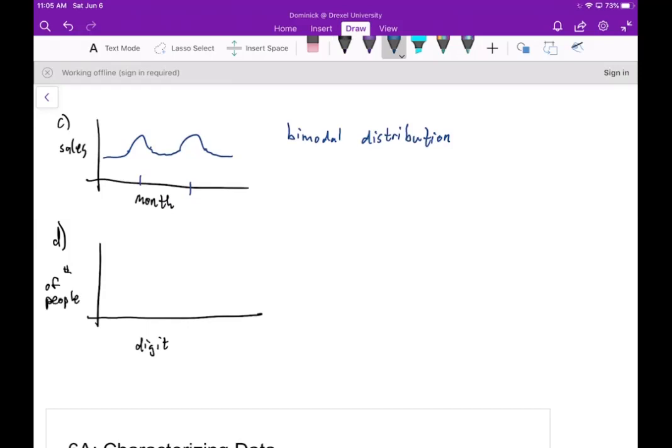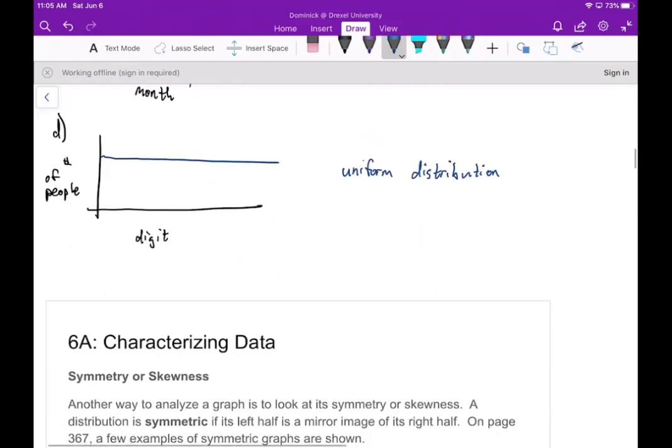And social security numbers are designed so there's no predictability in the number, right? So there is no digit that occurs more times than the others. So this would be an example of a uniform distribution. So those are some examples of some of these distributions.